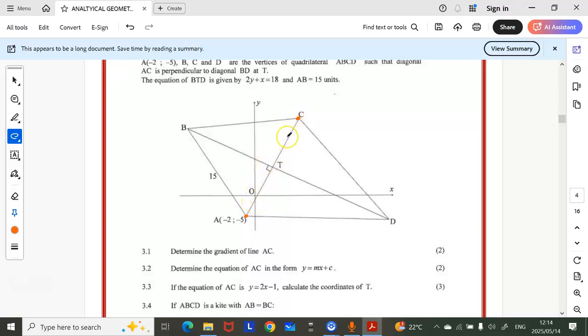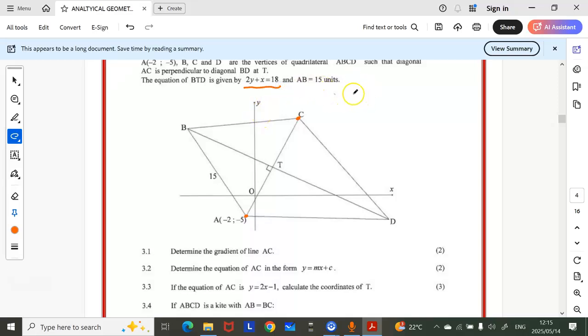That means the product of the two gradients will be equal to minus 1, right? So if we can calculate the gradient of BTD, then we'll know the gradient of AC. And the gradient of BTD is in this equation.